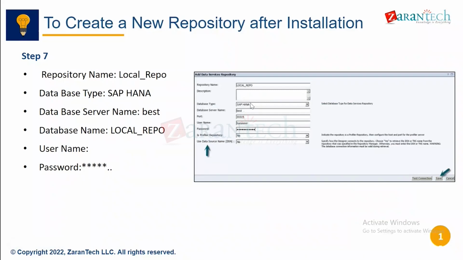If you do Test Connection, it will display a message like connection to the HANA database successful. Or if you directly click on Save and the connection failed, you will get an error message that the connection to that particular server failed. If the connection is successful, then this window will be closed.